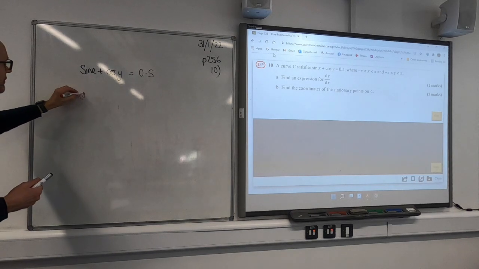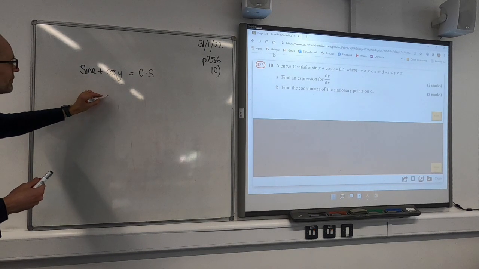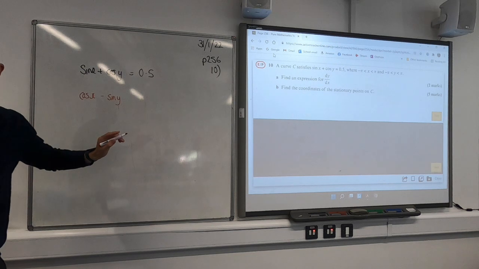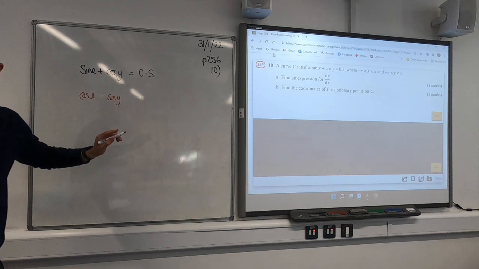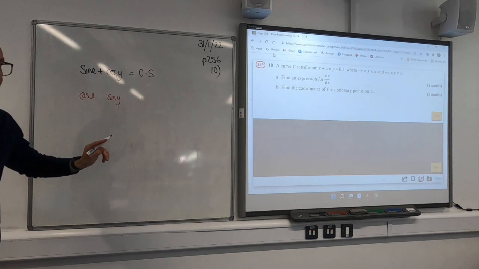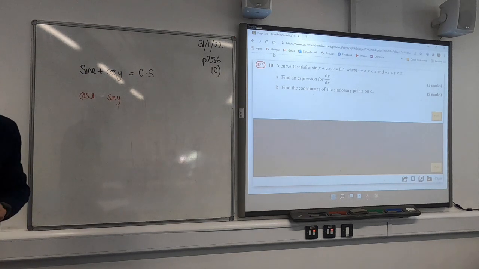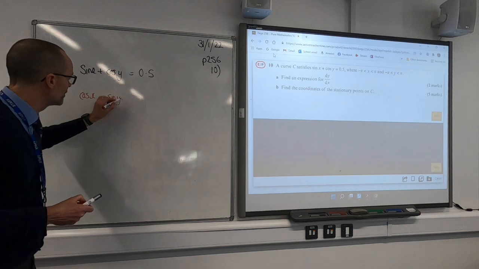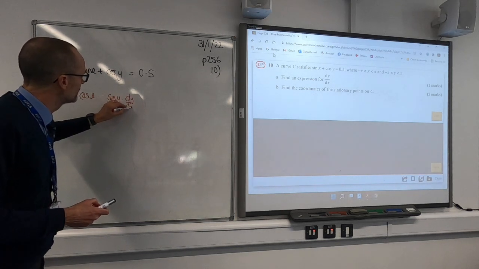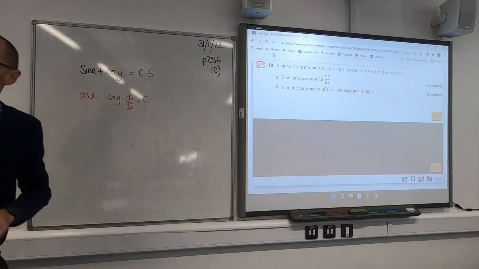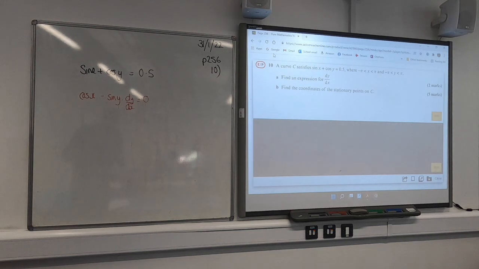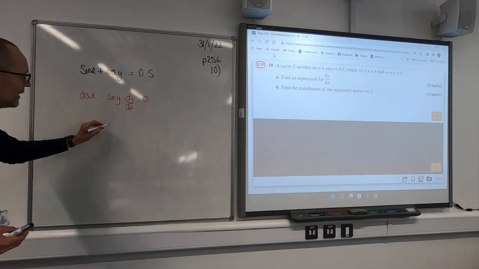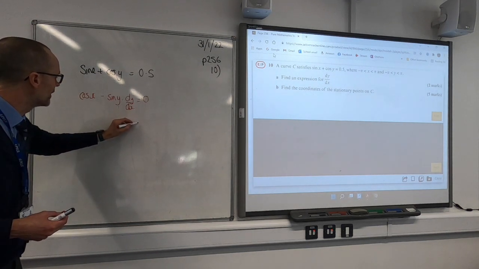Cos x minus sine equals 0. No, so that's an easy mistake to make, but you mustn't make that mistake. When you differentiate a y term, it's multiplied by dy by dx. Okay? X terms differentiate as normal, y terms differentiate them as if they were x's, but then multiply them by dy by dx.